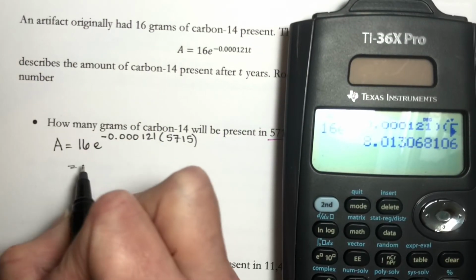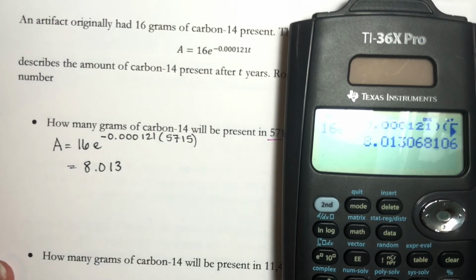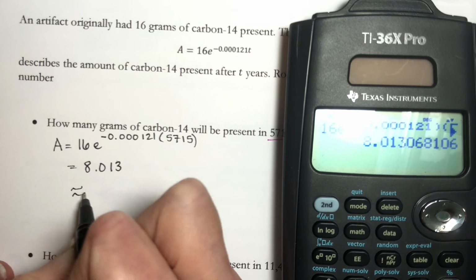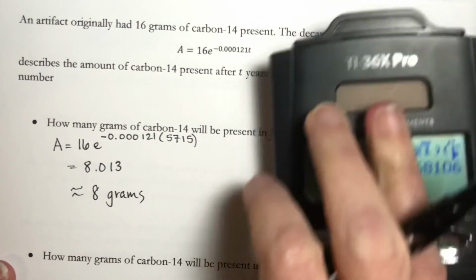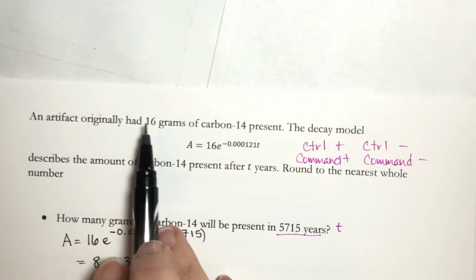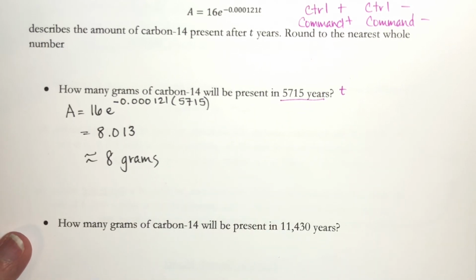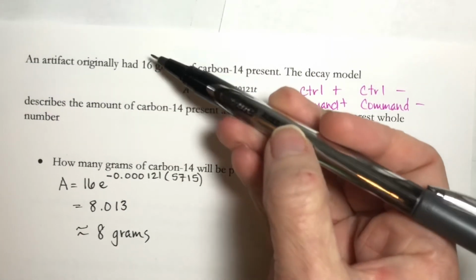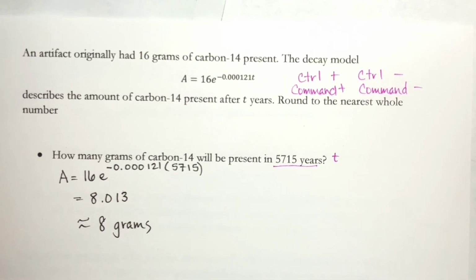So I'm going to write out more decimal places. Okay, so approximately 8 grams. We started off with 16, and we'll have about 8 in this many years. So we essentially halved this. So this is almost the half-life.